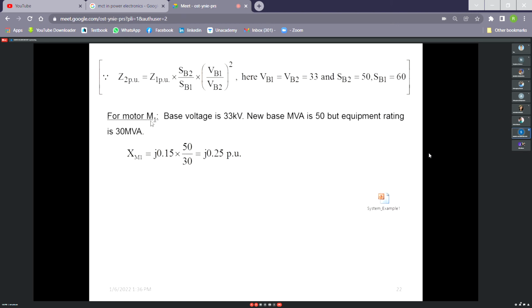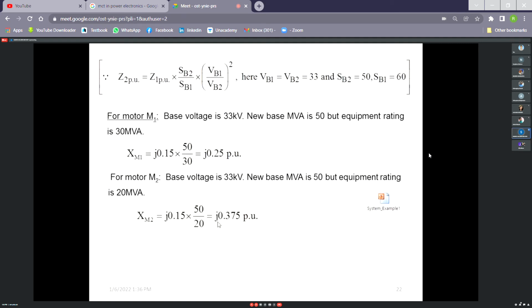For motor, the base voltage is the same, but the base MVA is 50 and the equipment rating is 30. So you have to convert it for the MVA. Similarly, for motor 1 and motor 2, the MVAs are not the same. You must follow this very properly when you do this for examination or for any competitive exam.